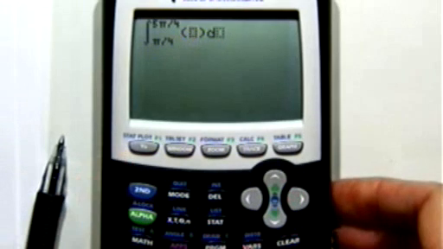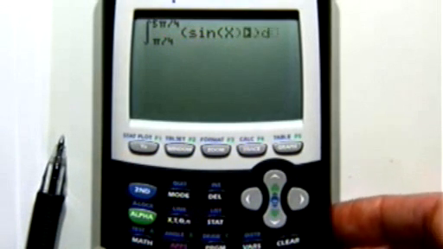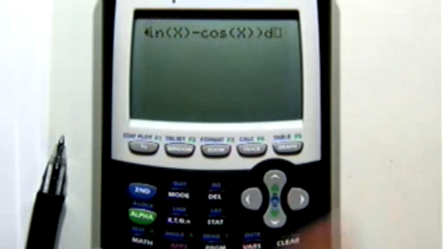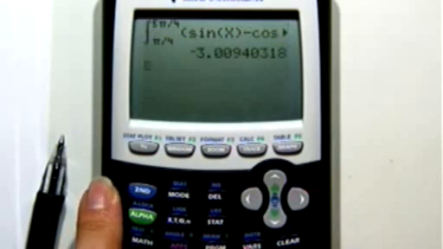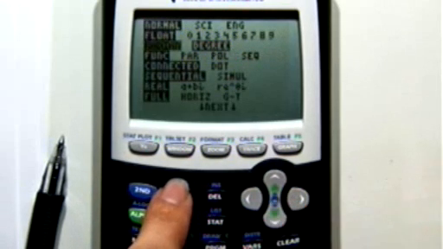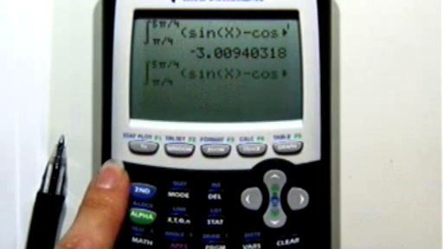So we have sine x, got to close that parenthesis on the argument, minus cosine x dx. And hit go. That's a negative. But I was in geometry. You might have been in physics. Let's try it again.